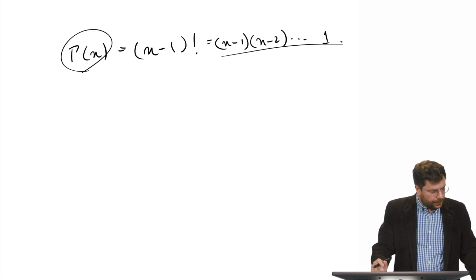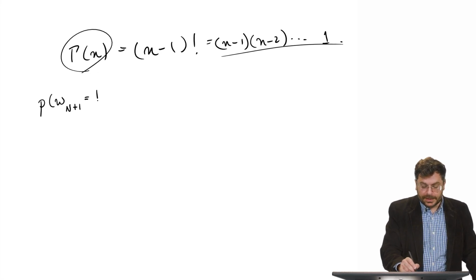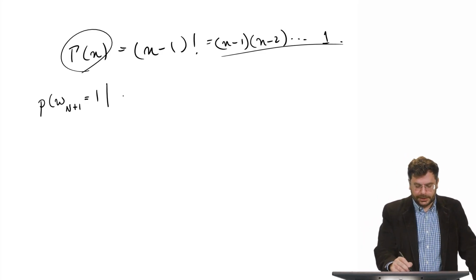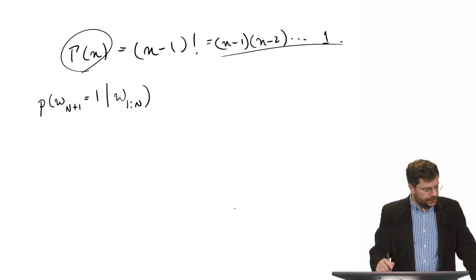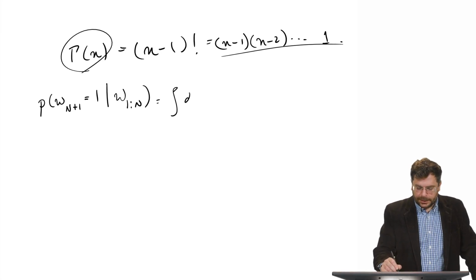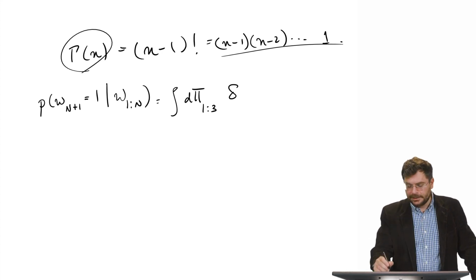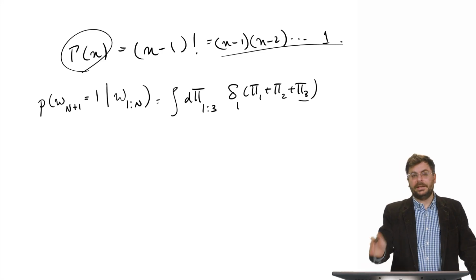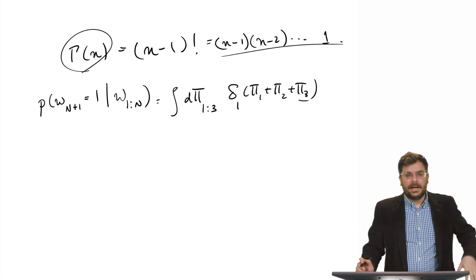Okay, so now let's write down the predictive distribution. For example, what is the probability that w n plus 1 is realized to the first option given all of my previous w's? That's going to be equal to the integral over pi. I have to impose by hand the fact that my pi's sum to 1. I can choose, just like I did with the coin flip, to rewrite pi 3 as 1 minus pi 1 minus pi 2.